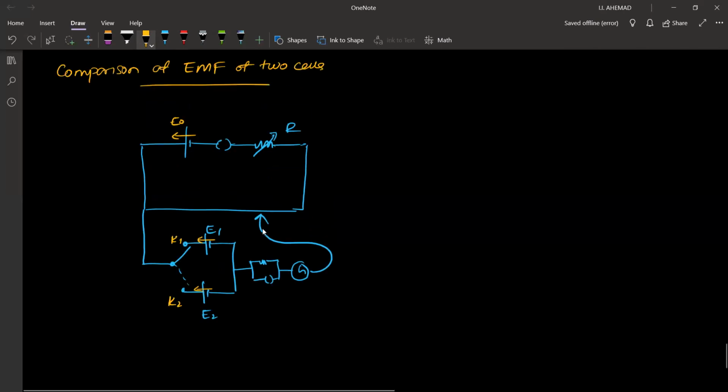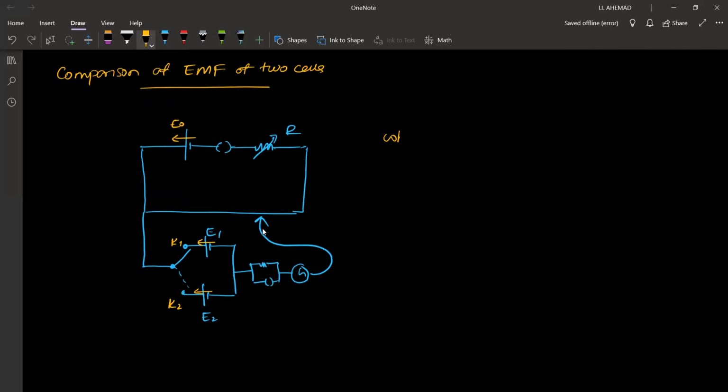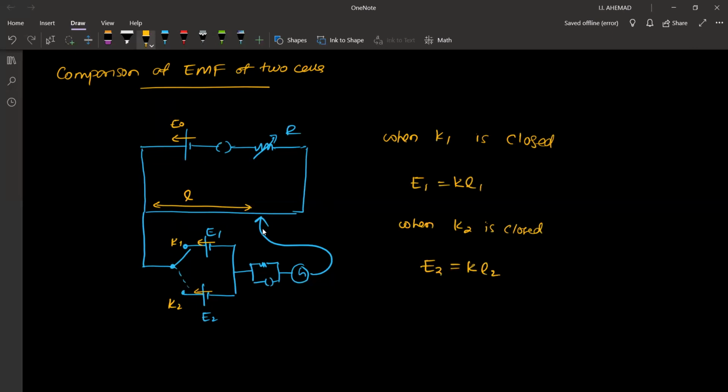When K1 is closed, we have E1 is equal to K times L1. We will have a balance length L1, okay? When K2 is closed, we have balance length L2, E2 is equal to K times L2. This is the first equation and this is the second equation.